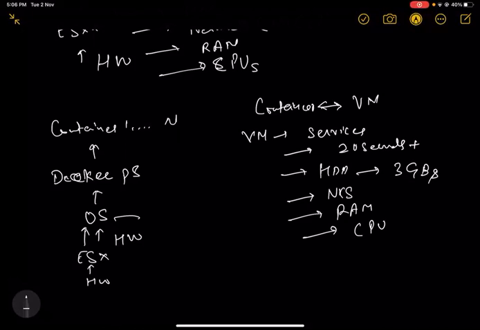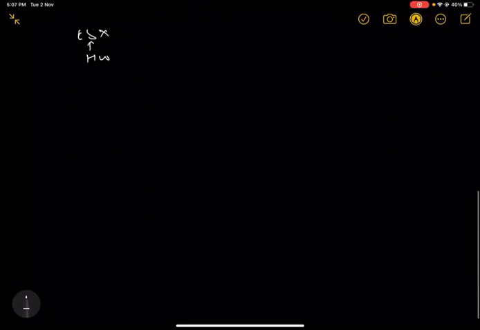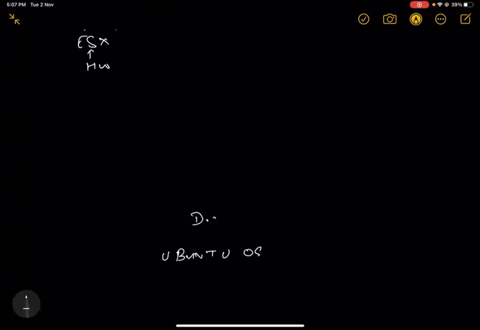But in case of containers, you can run containers over, let's say, Ubuntu OS, and then you install a Docker process on your Ubuntu OS. There you run your containers.